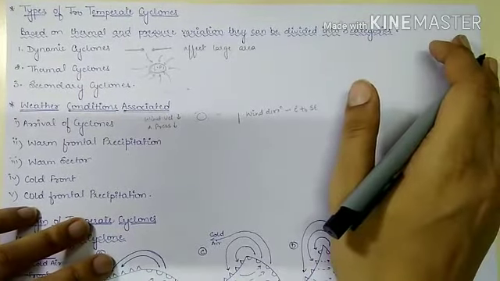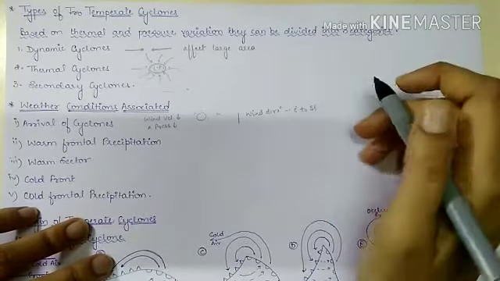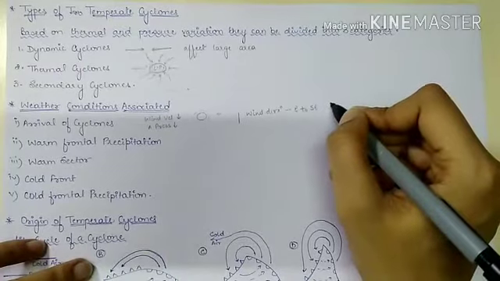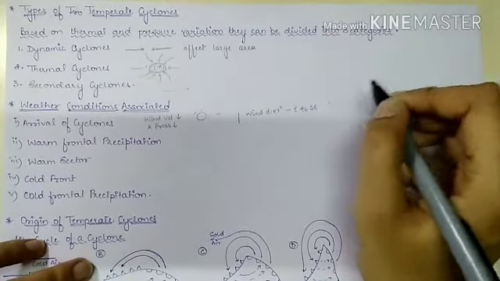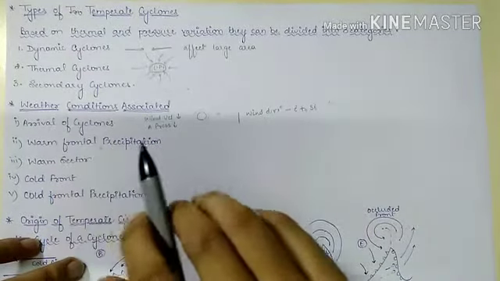Okay, and then we will have thick cover of cloud, and the sky becomes dark. Sky is covered with dark, thick and low clouds. Okay, this is during the arrival of cyclones.